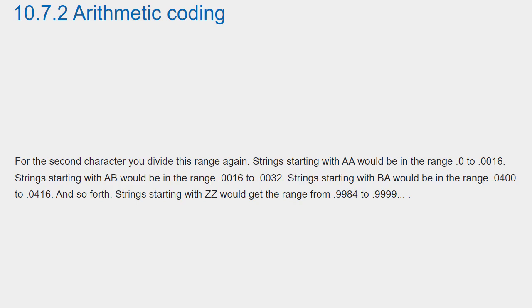Strings starting with AB would be in the range 0.0016 to 0.0032. Strings starting with BA would be in the range 0.0400 to 0.0416, and so forth. Strings starting with ZZ would get the range from 0.9984 to 0.9999.